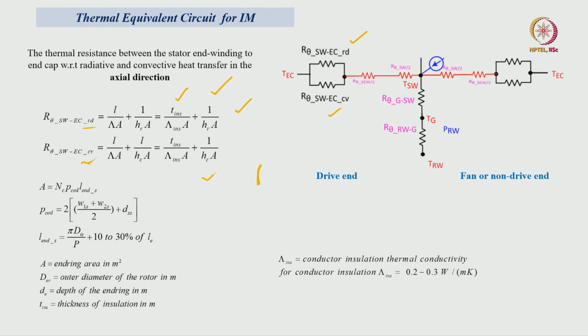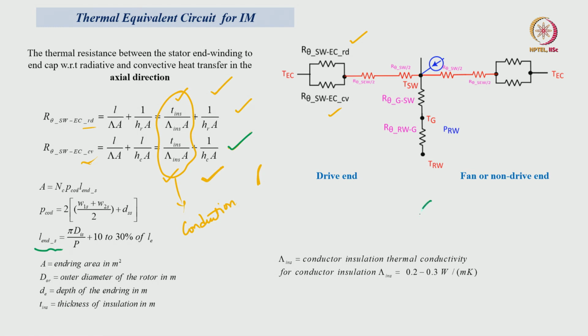Similarly, for convection manner, convection thermal resistance plus insulating thermal resistance. Through insulation heat is transferred by conduction, these two terms are with respect to conduction, and these two terms are with respect to radiation and convection. And the length of the end ring we can calculate for the stator winding.